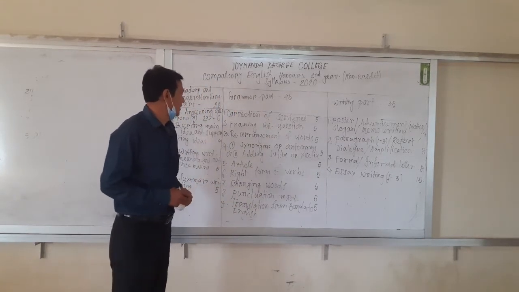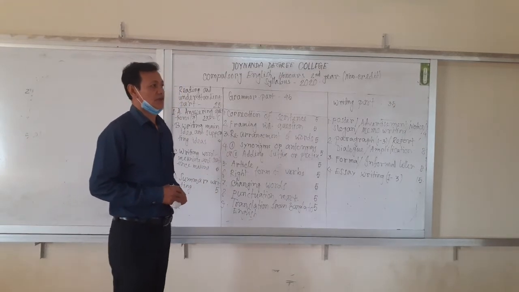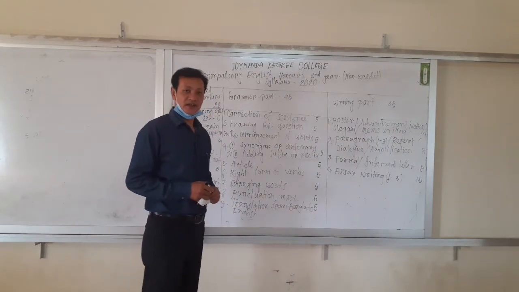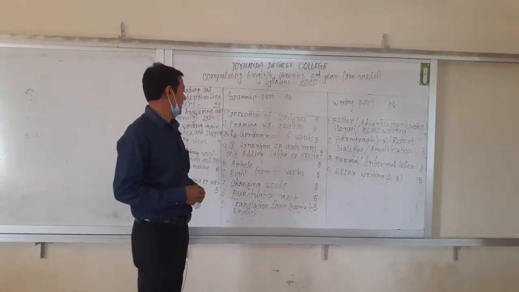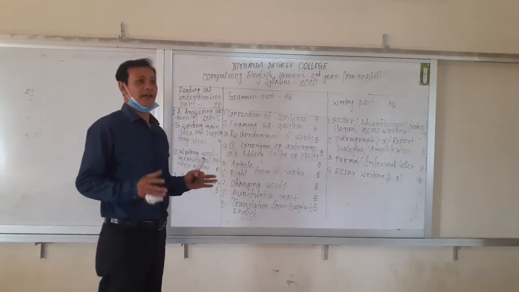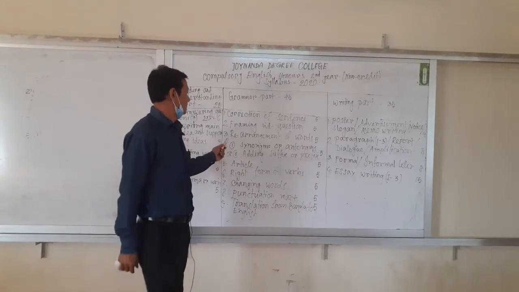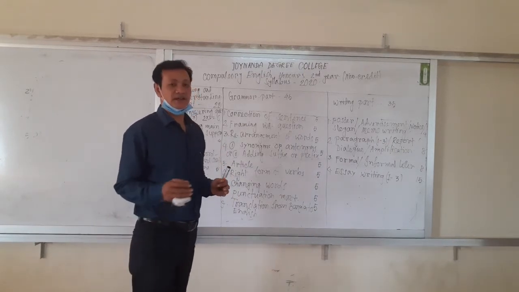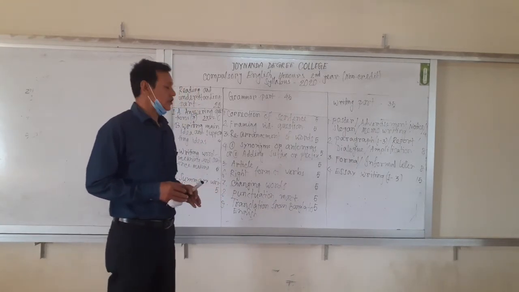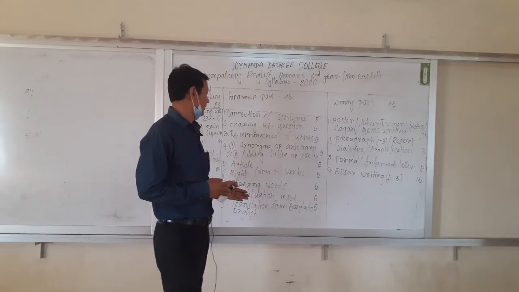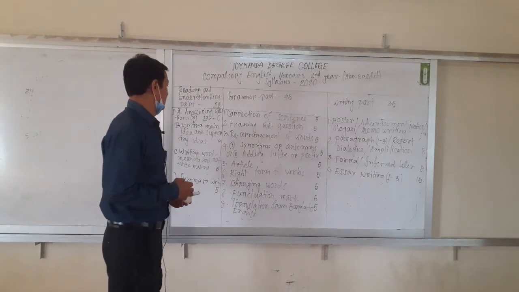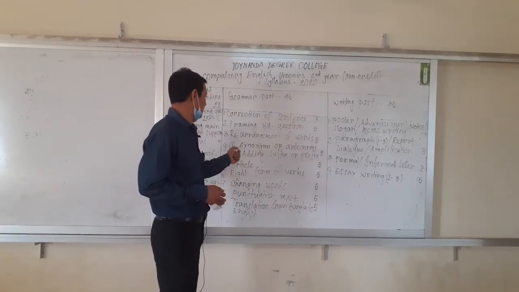Number 3, rearrangement of words. You have also rearranged in the previous classes, and there you rearranged the sentences of a paragraph, but here you have to rearrange words of a sentence. The words of a sentence will be given in jumbled form.